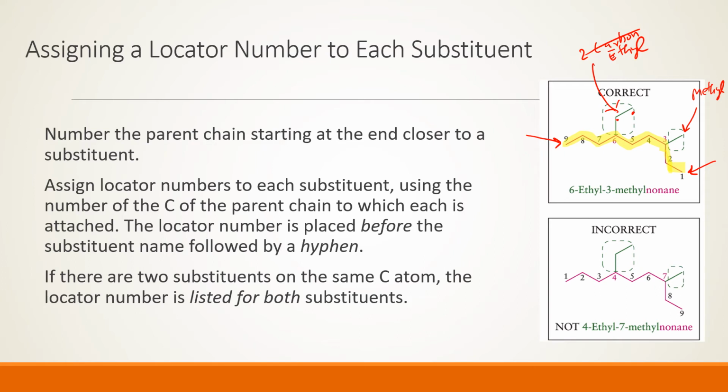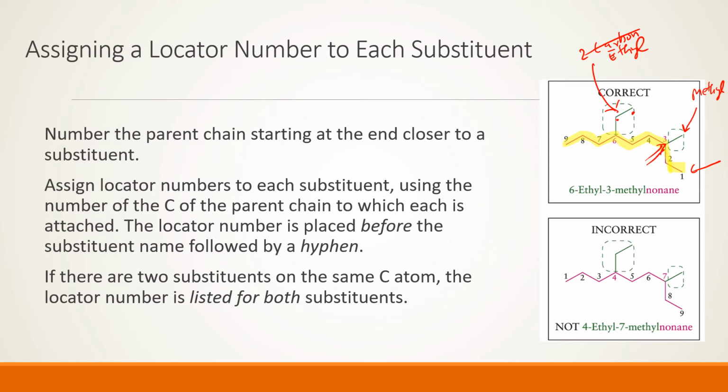However, the IUPAC rule states that we must count from the side which gives the smallest number to the first substituent. So what do I mean by that? If we count from the left hand side, the first substituent which we encounter is at the number 3 position.